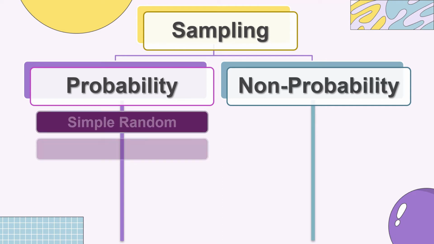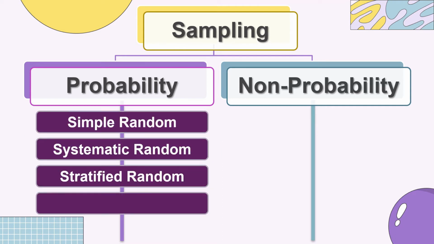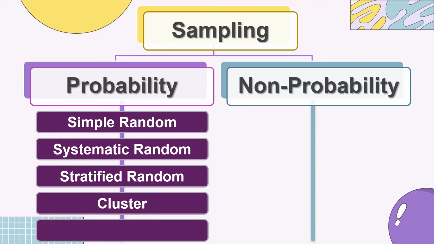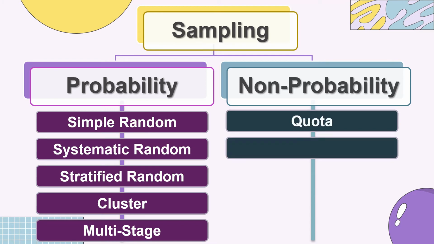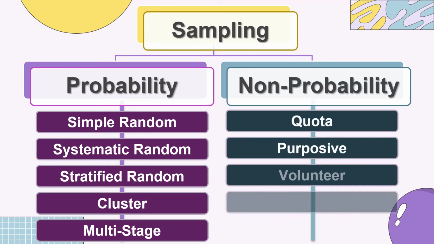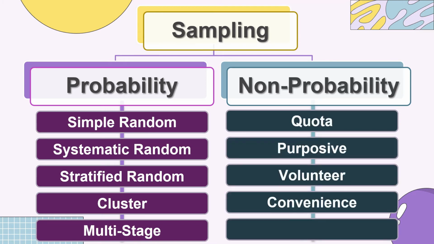Under probability, it can be simple random, systematic random, stratified random, cluster, and multi-stage probability sampling. However, under non-probability sampling method, it can be quota, purposive, volunteer, convenience, and snowball sampling method.